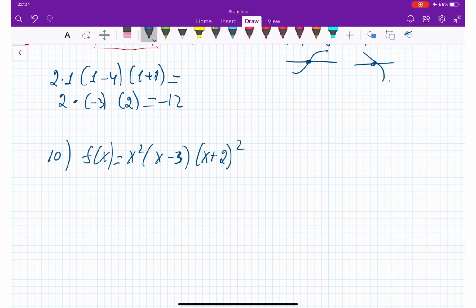So how is it gonna look? Okay, let me draw the graph.